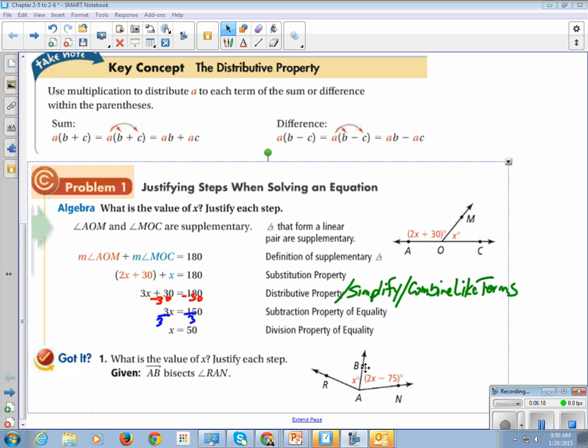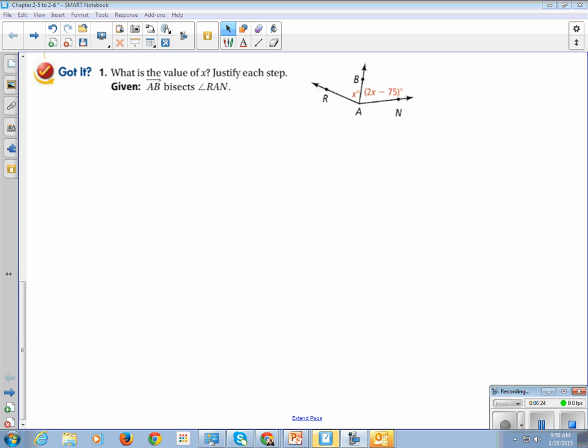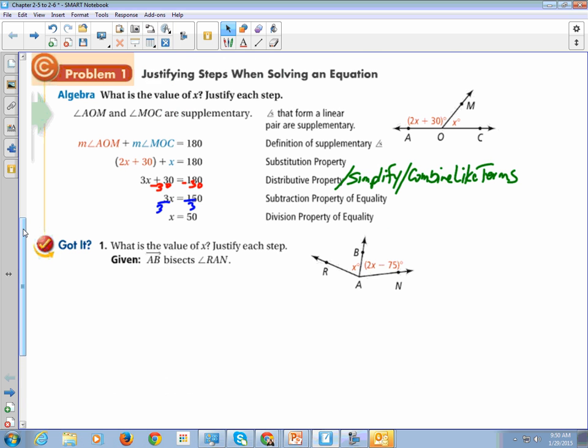All right, so we're going to do the same thing for this Got It problem. It says, what is the value of x? Justify each step. The first thing is they give us that ray AB bisects angle RAN.